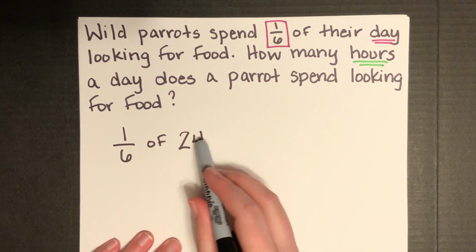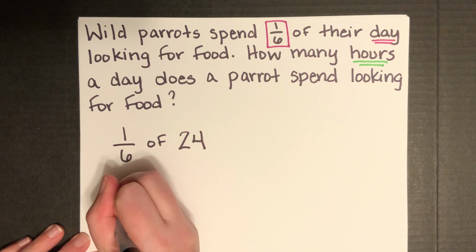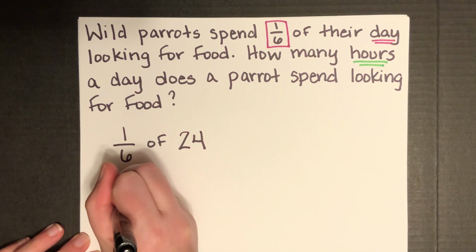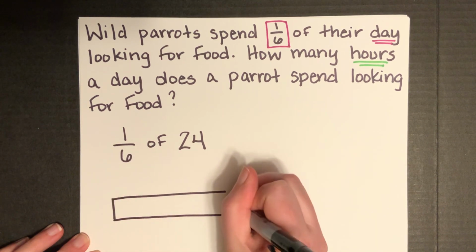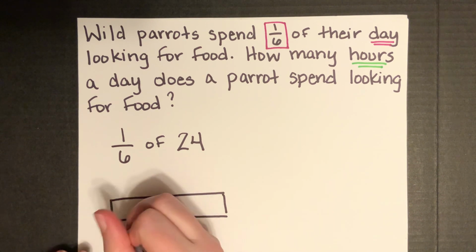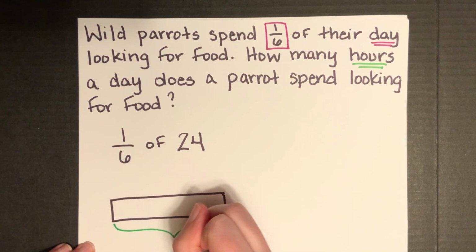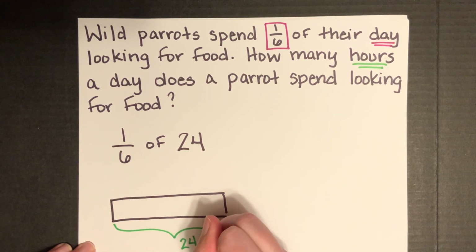I want to model this. Rather than me drawing 24 ones, we're actually going to do one bar model here. So this whole bar model is going to equal our 24, 24 hours.